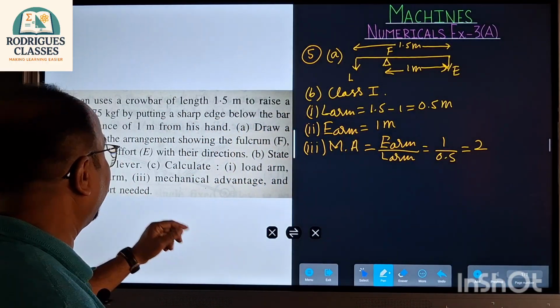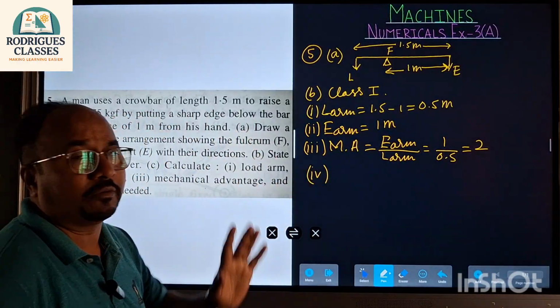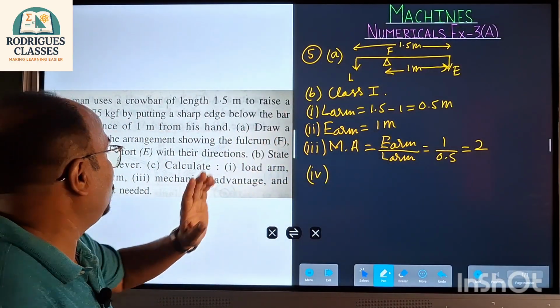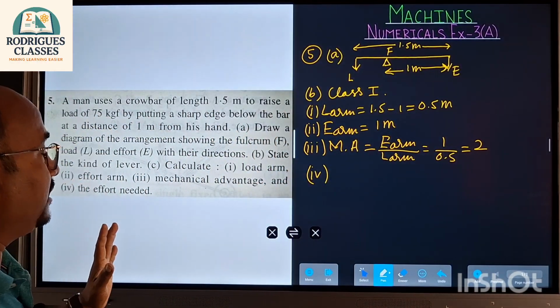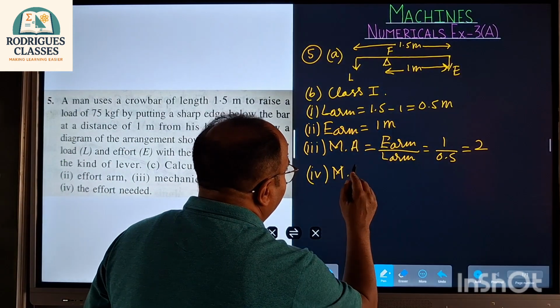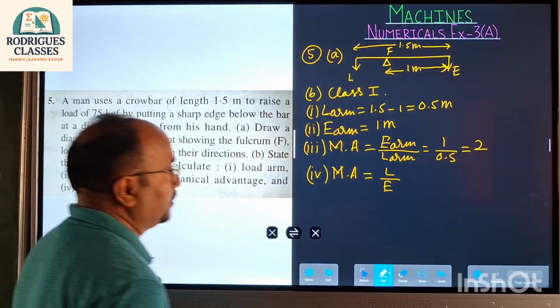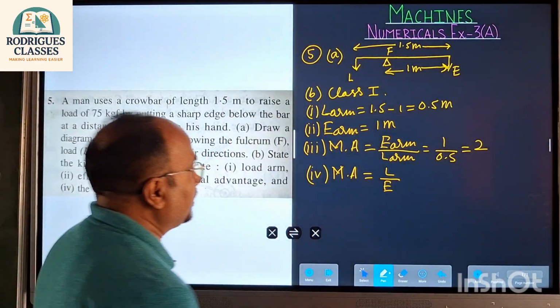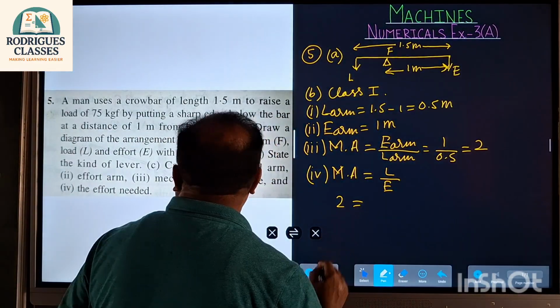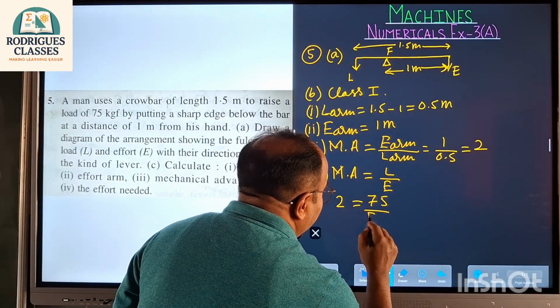Then we have to find the effort. Because we have the mechanical advantage and the load of 75 kgf already known, I will apply another formula of mechanical advantage, that is load by effort. So we have mechanical advantage here as 2, load is 75, by the effort.